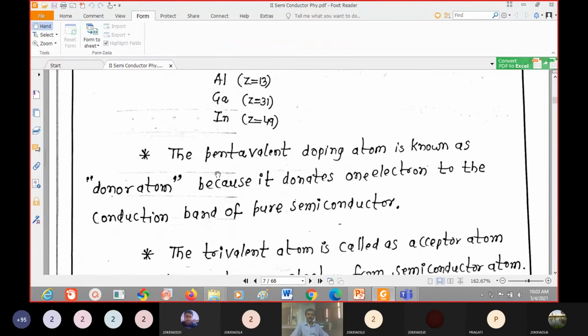Now, what happens if you dope pentavalent atoms? The pentavalent doping atom is known as a donor atom.